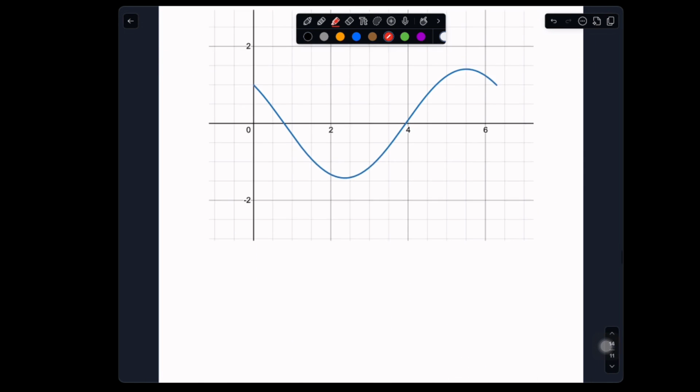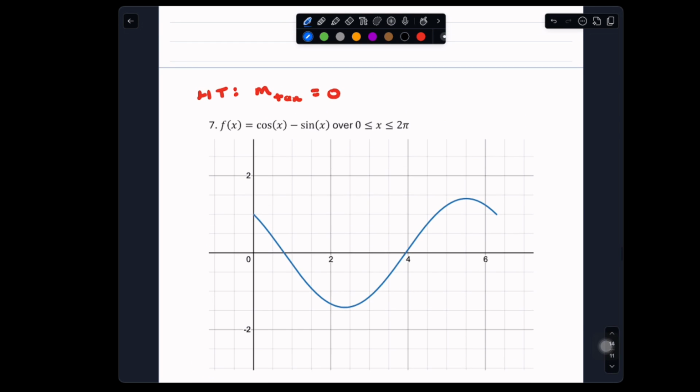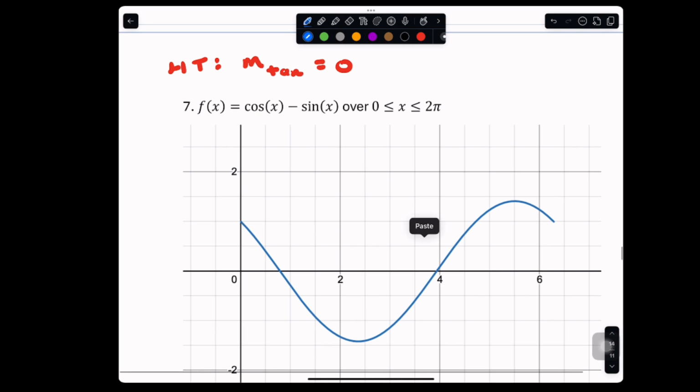So what is the tangent slope? By definition, it is the derivative with respect to x. What's your function? Cosine minus sine, and notice it's over the restricted domain again from 0 to 2 pi.